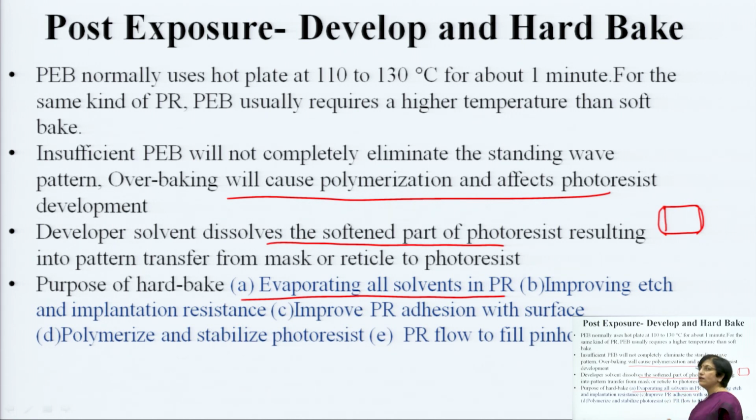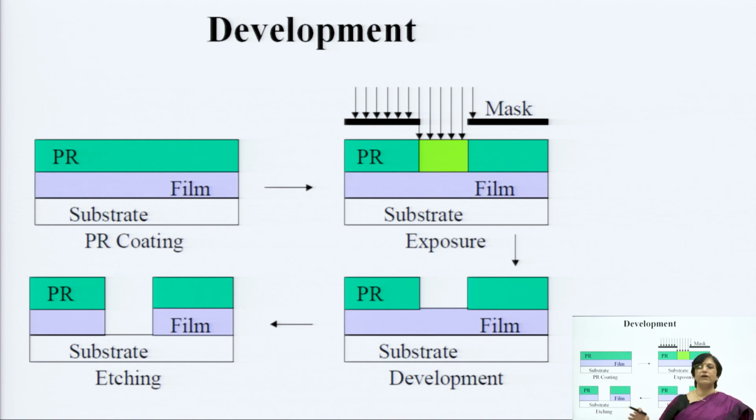It evaporates all the solvents available in the photoresist, improves the etch resistance, and improves the adhesivity when you subsequently carry out developing through the etchant. It will not get dissolved into those etchants, it stabilizes the photoresist and covers up the pinholes.